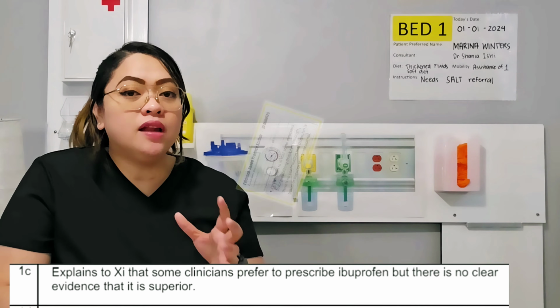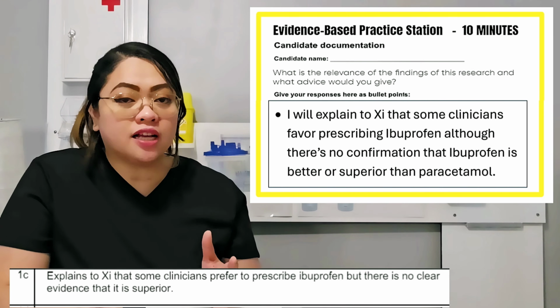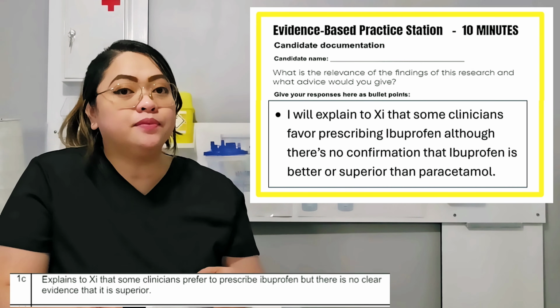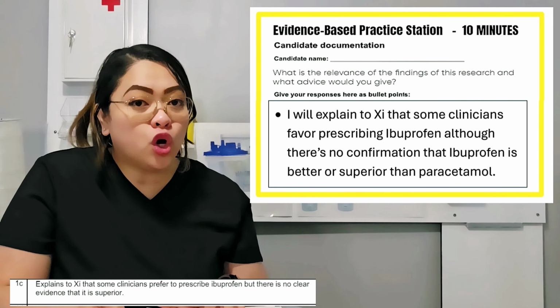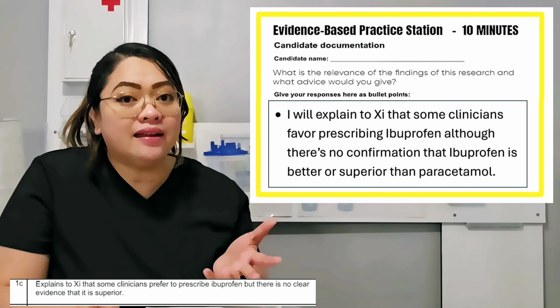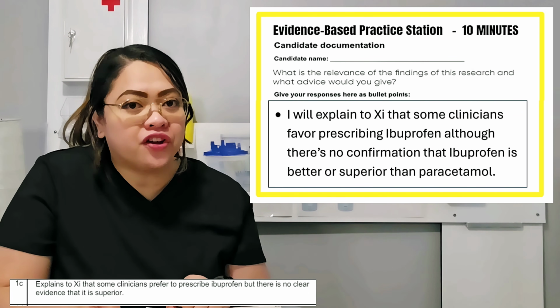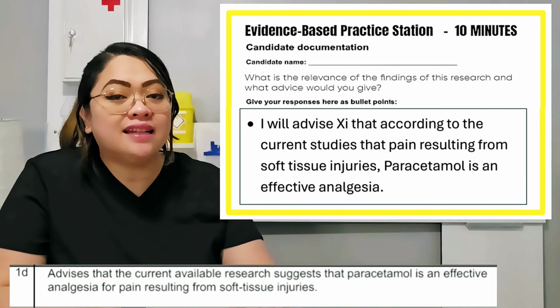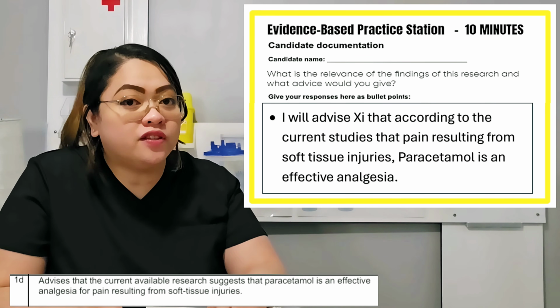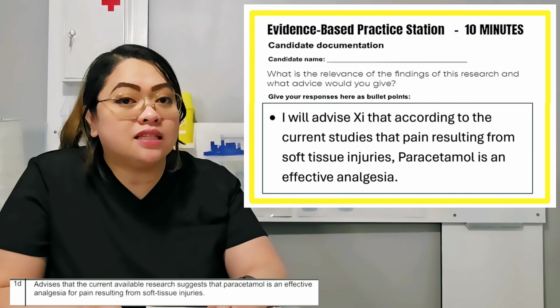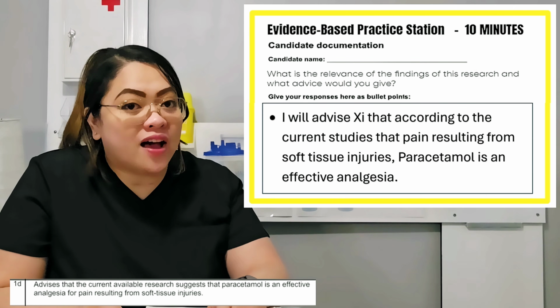Number 2, I will explain to Mr. She that some clinicians prefer to prescribe ibuprofen over paracetamol, but there is no concrete evidence that ibuprofen is superior. I will advise Mr. She that according to the current studies, in pain resulting from soft tissue injuries, paracetamol is an effective analgesia.